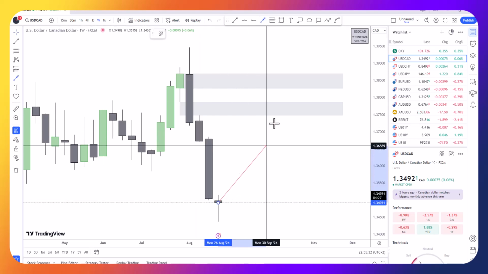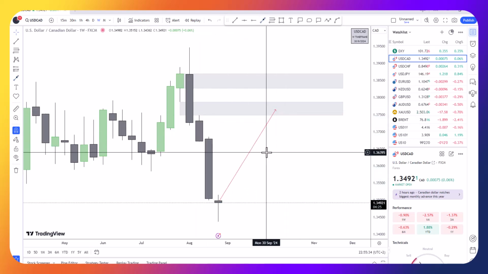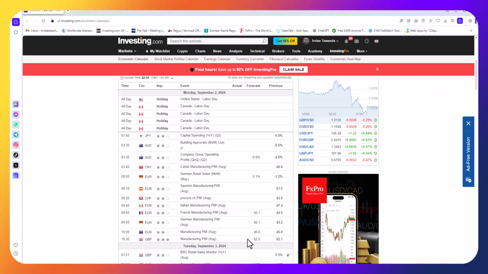So you just be waiting for price to come into this level, and then you are now looking for a catalyst, something that's going to have an impact in terms of movement, something that's going to provide movement that comes in the form of fundamentals.